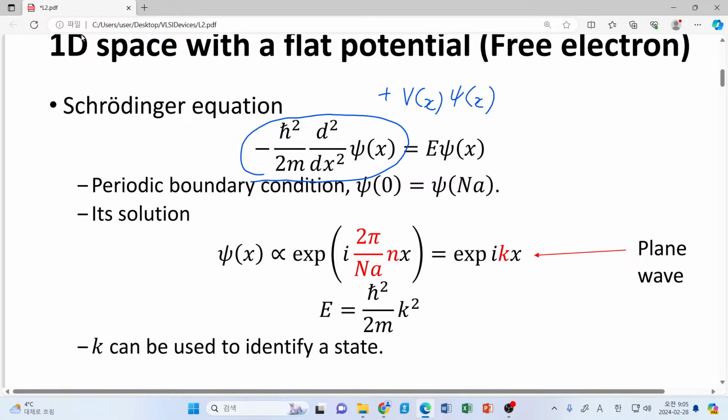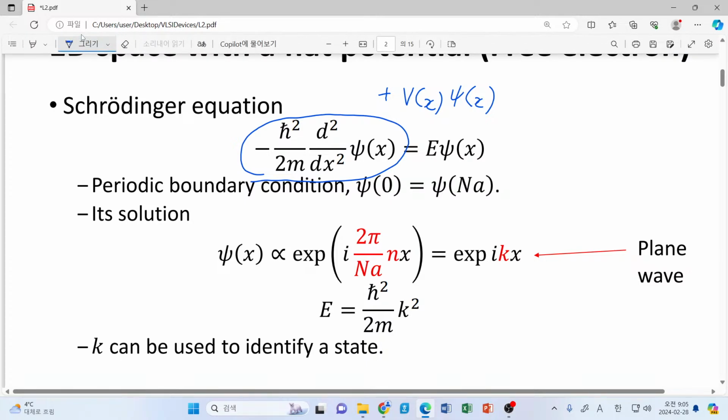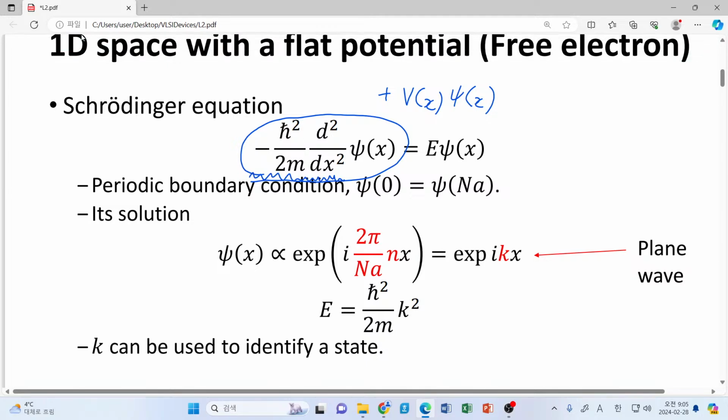The combination of these two operators: this operator, the partial derivative with respect to position, corresponds to the kinetic energy, and this one corresponds to the potential energy.